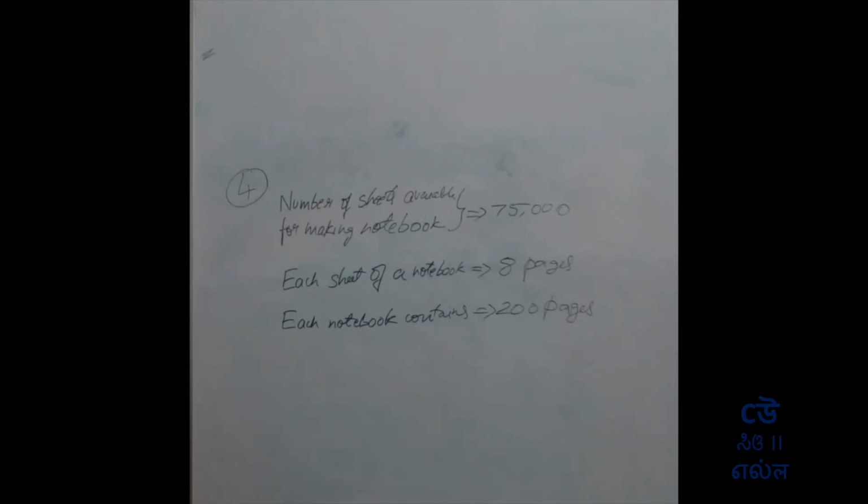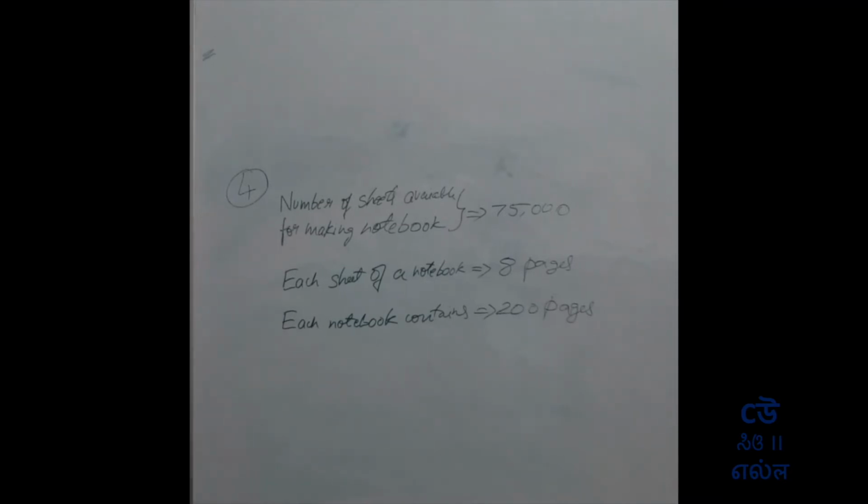In that 200 pages book, each sheet of a notebook makes 8 pages. Then the total available sheets for him to do the notebook is 75,000 sheets.